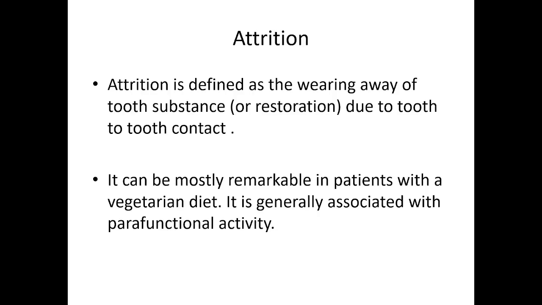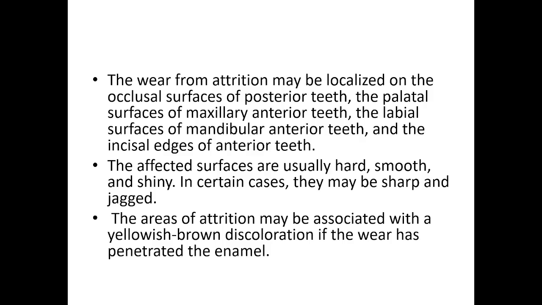The wear from attrition may be localized on the occlusal surfaces of the posterior teeth, the palatal surfaces of the maxillary anterior teeth, the labial surfaces of mandibular anterior teeth, and the incisal edges of anterior teeth. The affected surfaces are usually hard, smooth, and shiny. In certain cases, they may be sharp and jagged.